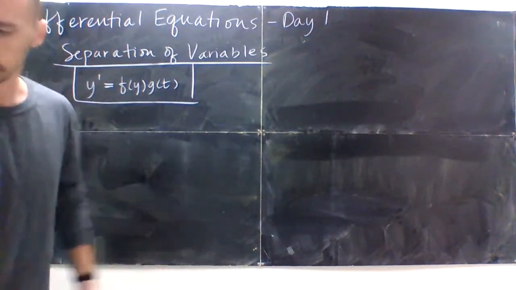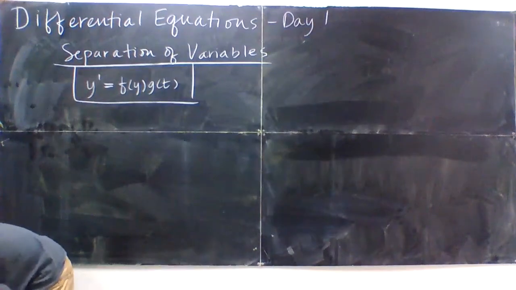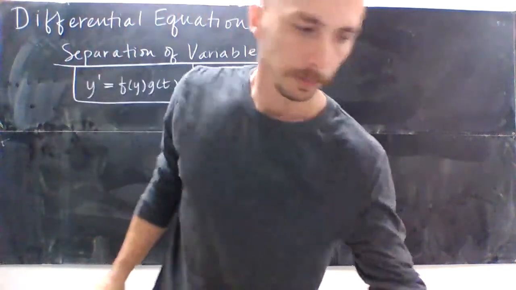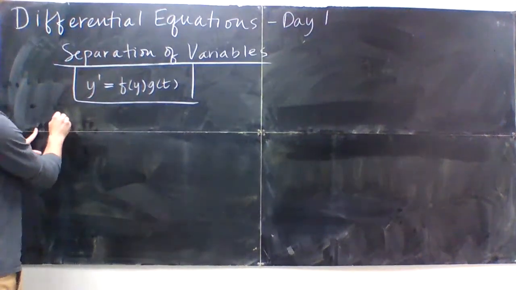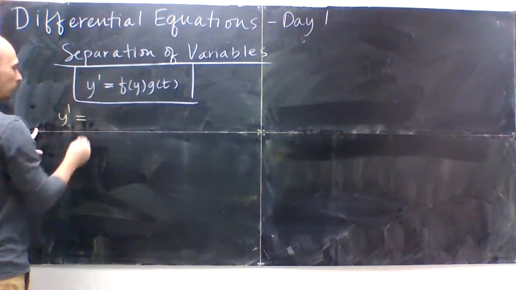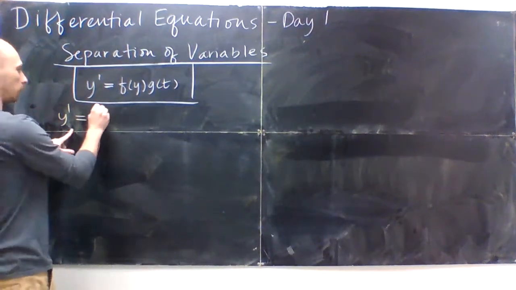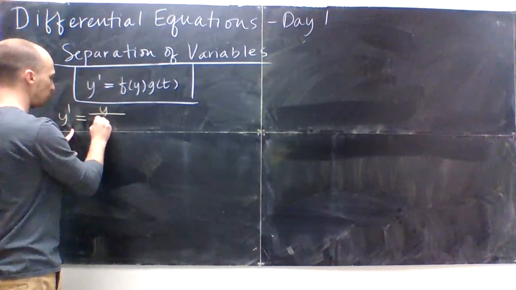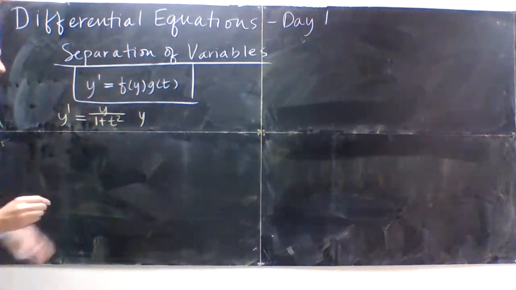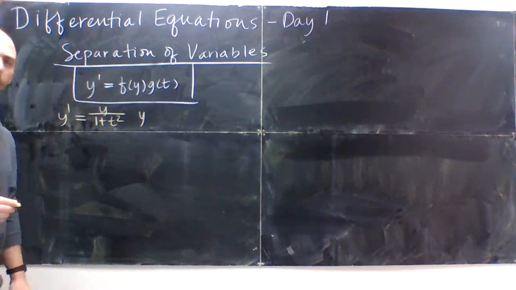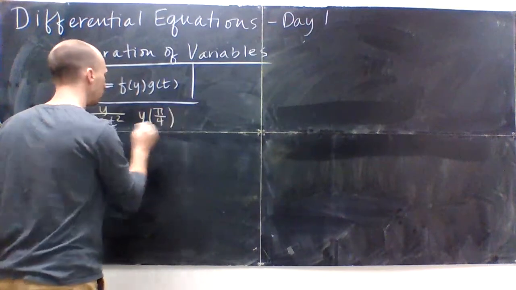So a couple of examples of things that we could use separation of variables to solve would be, let's say y prime is equal to y over 1 plus t squared with y of, oh, that's going to be troublesome. How about pi over 4? I'm pretty sure that's what I want the independent variable to be.